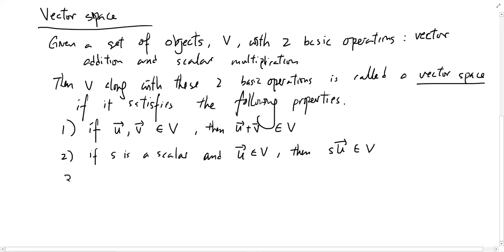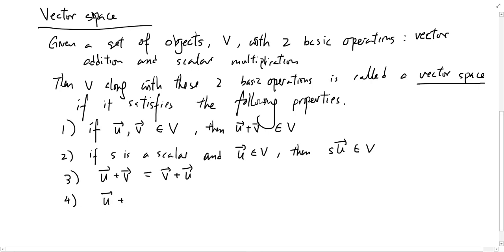Number 3. When you add u and v together, it always comes out to be the same thing as v and u added together. That's the commutative property. Number 4.